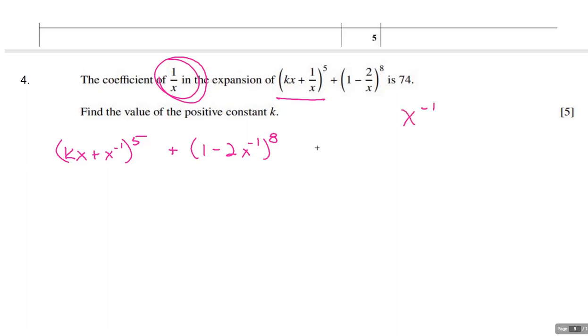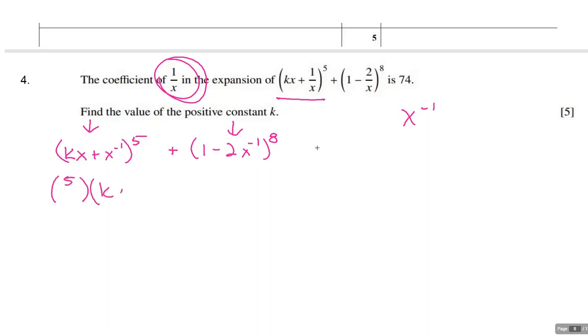Okay, so basically what that means is I need x to the negative 1 power from this one, and I need x to the negative 1 power from this one. Now, clearly, it's going to have k's in it, but when I add them together, it's going to equal 74. All right, so then if I'm going to figure this out, I'm going to go like this. 5, choose something.